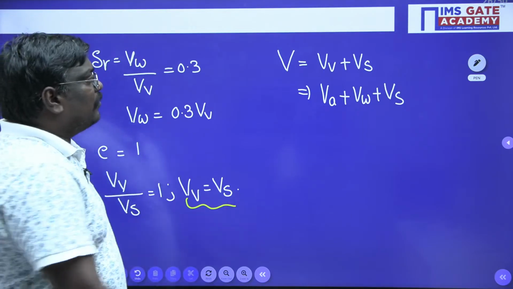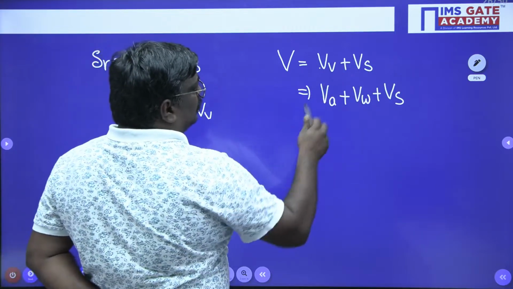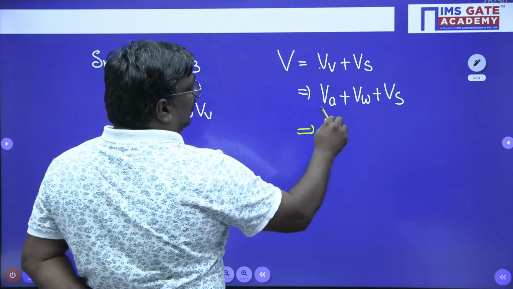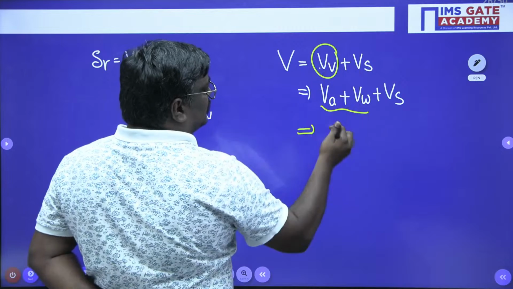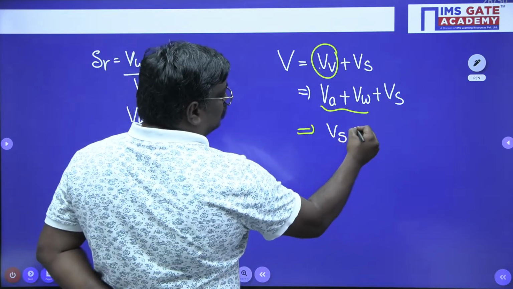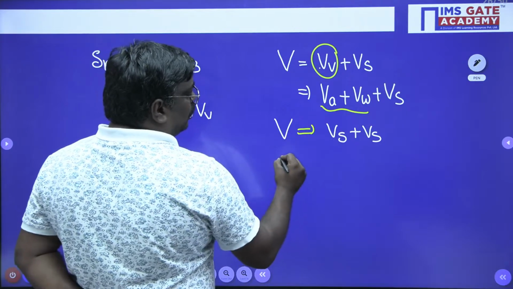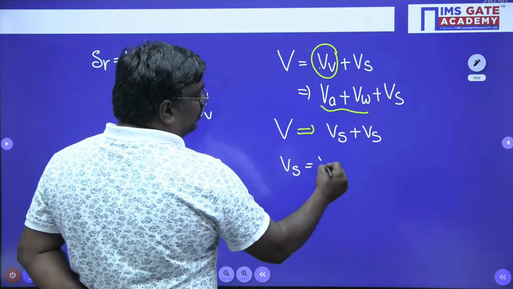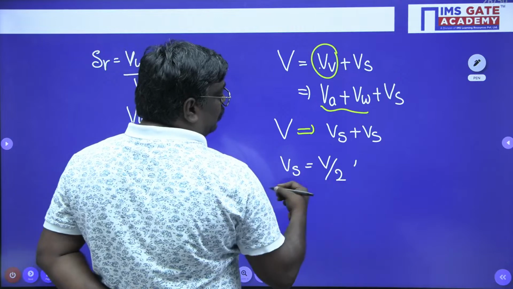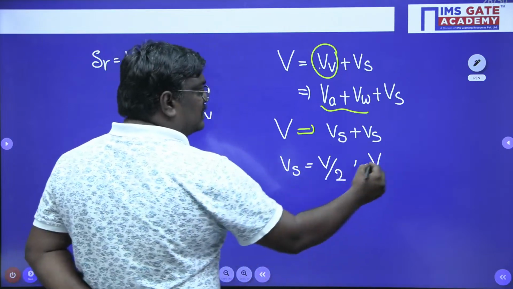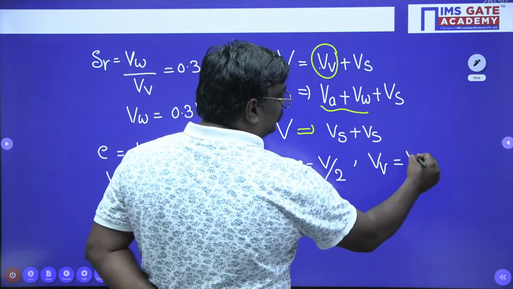So from this you can also write another thing. If I write volume of voids as volume of solids, then volume of solids plus volume of solids is V. So volume of solids will be equal to V by 2, and volume of voids will also be equal to V by 2.